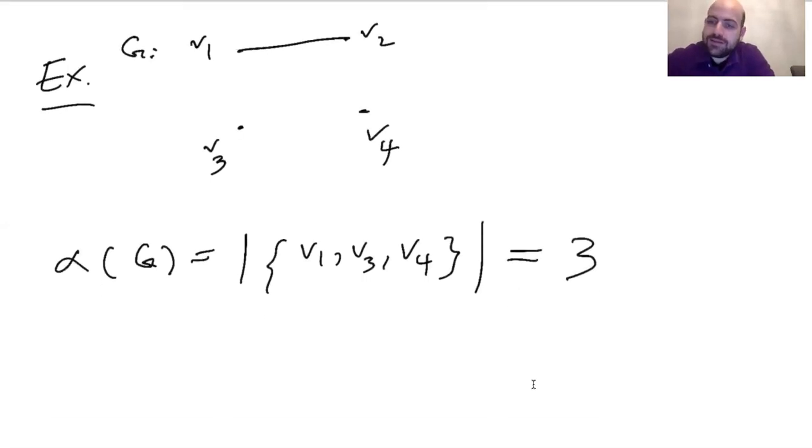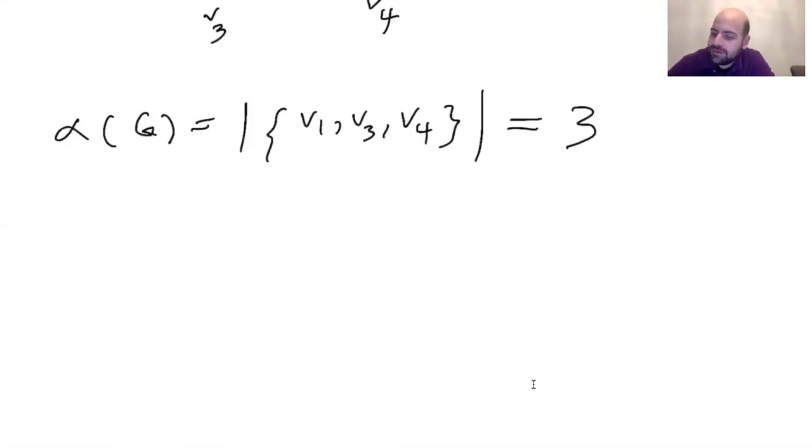Okay, now let's look at the lower bound for the independence number of a graph. This is basically the theorem that we're going to prove.